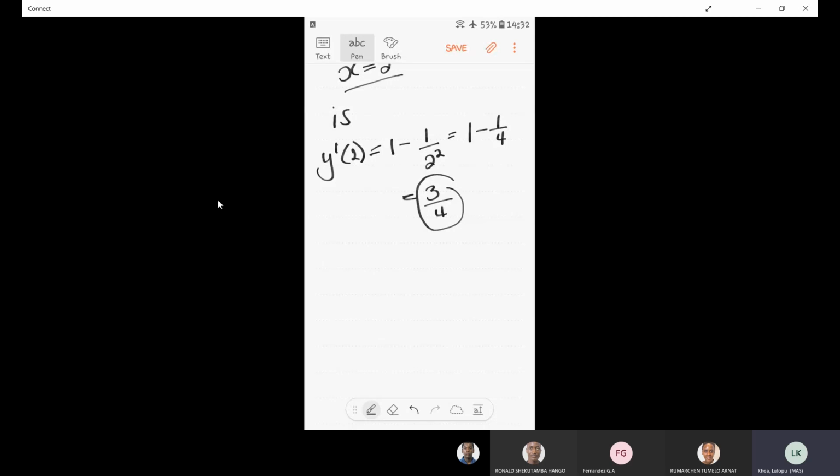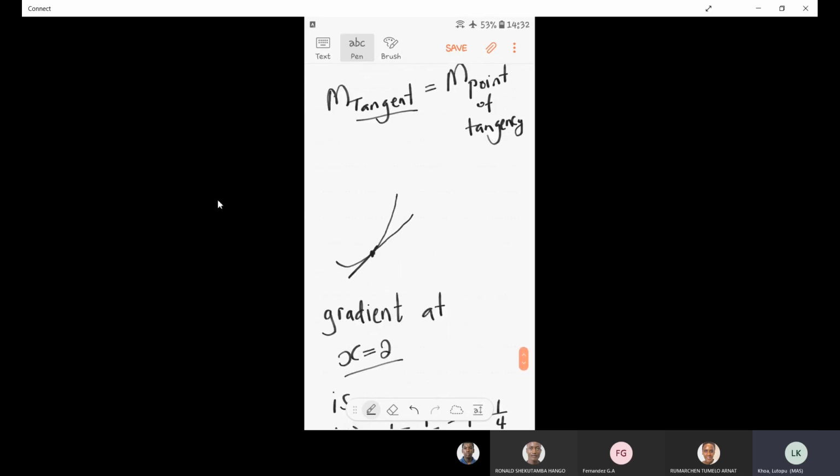Now, if I have the gradient and I want to work out the equation of the line, the only other thing I need is a point that is on the line. Going back to my drawing, this point here, the point of tangency, lies on the curve as well as on the tangent. So the point here, 2 and some y value, is a point that I can use to work out the equation of the line. To get this y value, I will just substitute the 2 into my function f of x, because that is where the tangent and the curve intersect, so their y values are the same.